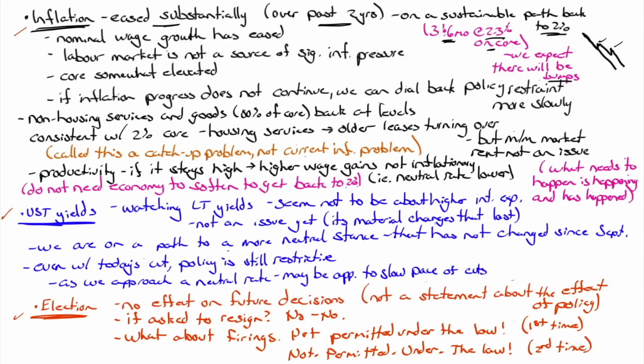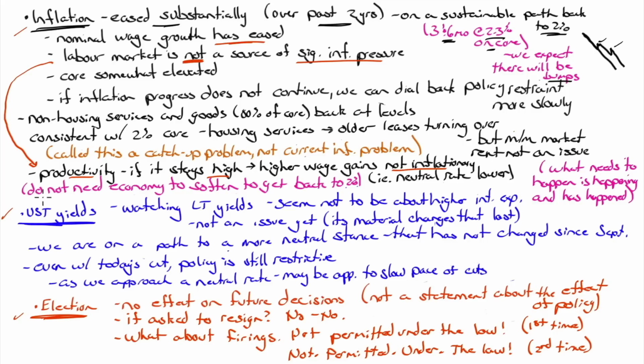For the labor market, nominal wage growth has eased. Labor market is not a source of significant inflationary pressure. And then if we just take a jump down here to productivity, we got those numbers. Productivity, if it stays high, higher wage gains will not be inflationary.